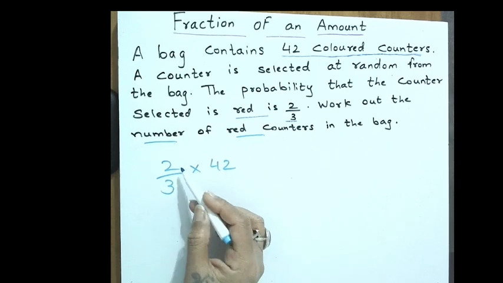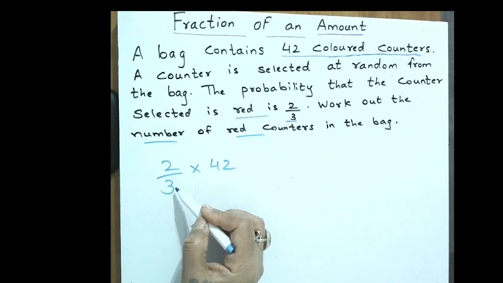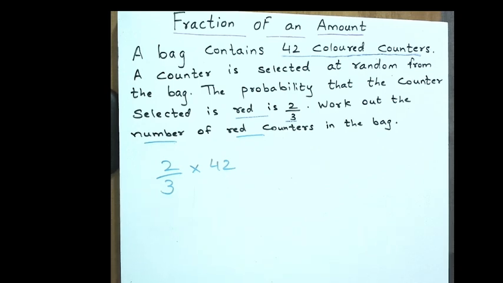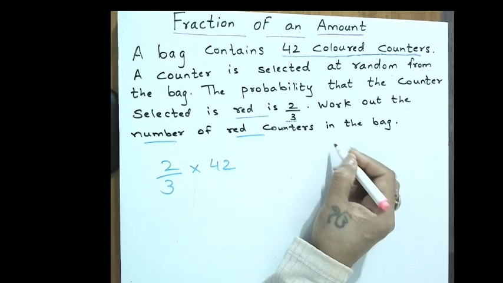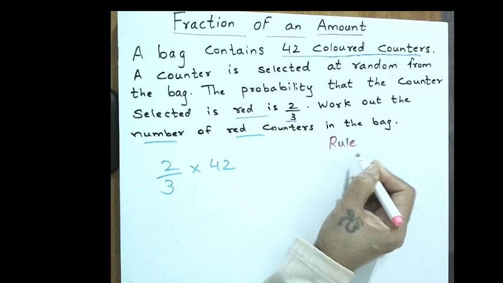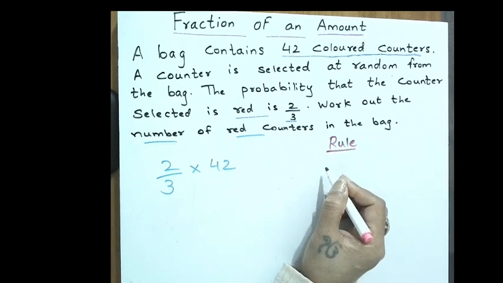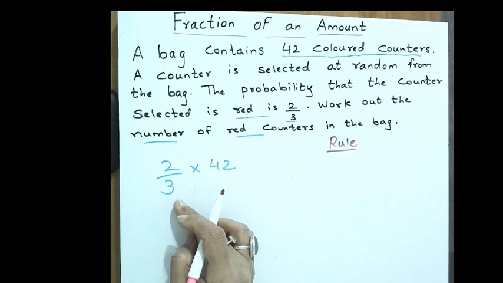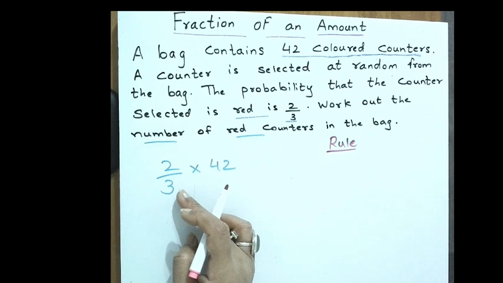Whenever you need to find the fraction of a total given number, there is a rule. You will go with the rule. The rule is you are going to divide the total amount by the bottom number.